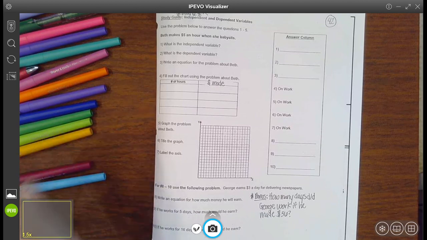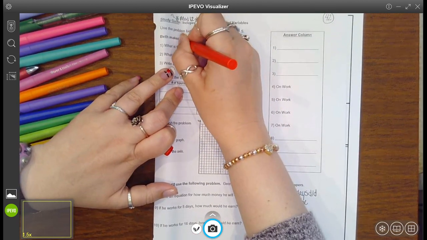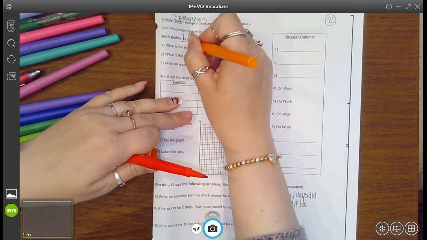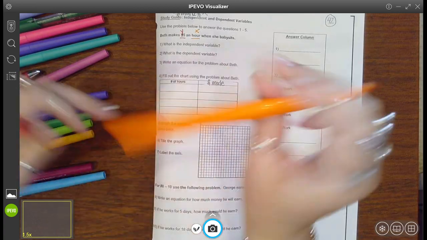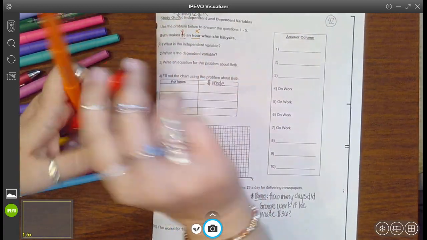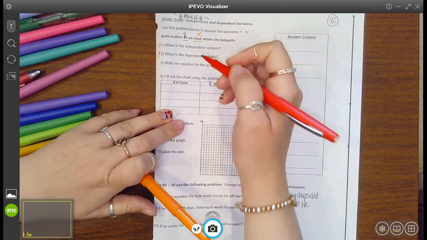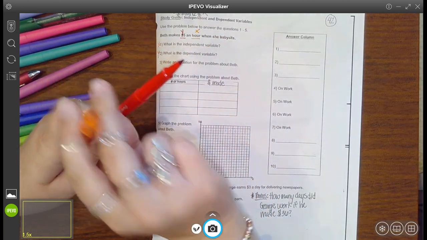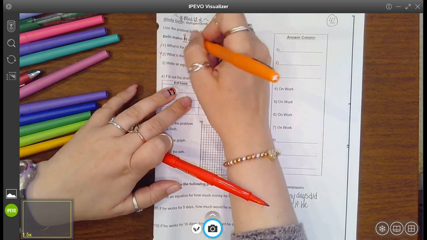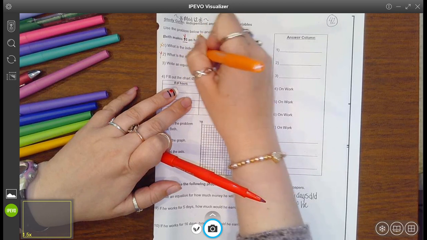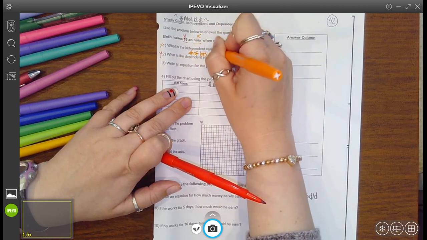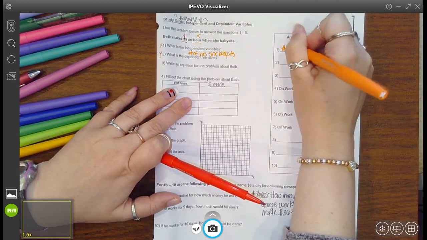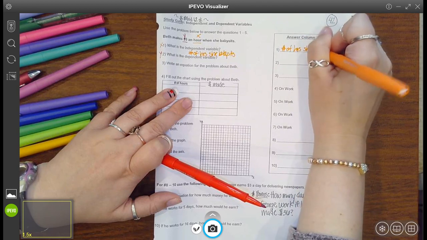And then remember, that tells you your Y per X. And your independent is always your X and your dependent is always your Y, because your answer of Y depends upon what you did to the X. So your independent variable is talking about the number of hours that she babysits. So that would be number one, number of hours she babysits.